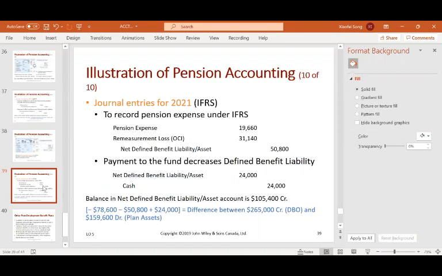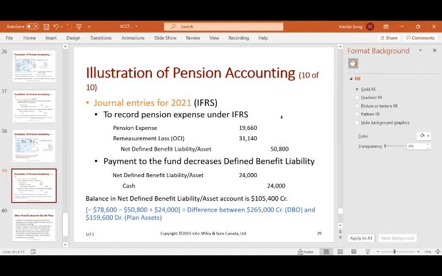So the total amount, 50,800, will be debited into two accounts: pension expense 19,660, thank you, and other comprehensive income 31,140. The rest are the same.